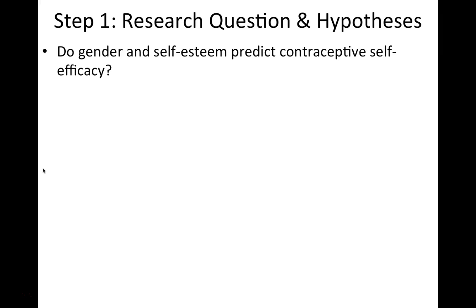So we want to be able to say, all right, knowing what we do about adolescents and young adults, can I use these two variables to be able to better understand and predict how confident young people will be in their ability to use contraception effectively in the face of factors that would make it more challenging?